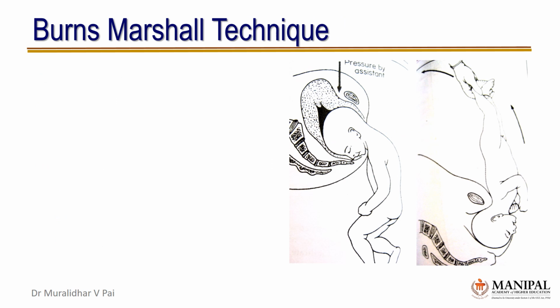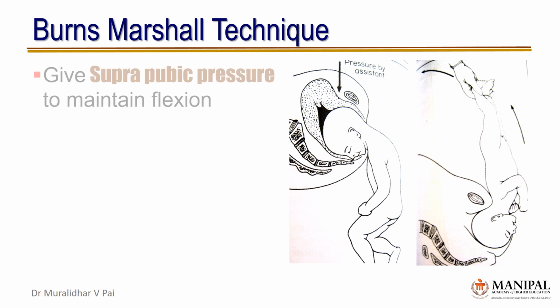Burns-Marshall technique. It's the simplest and the commonest technique that is used to deliver the aftercoming head. Here, you ask the assistant to give suprapubic pressure in order to maintain the flexion of the head. Remember, in natural mechanism of delivery the head delivers by increased flexion.